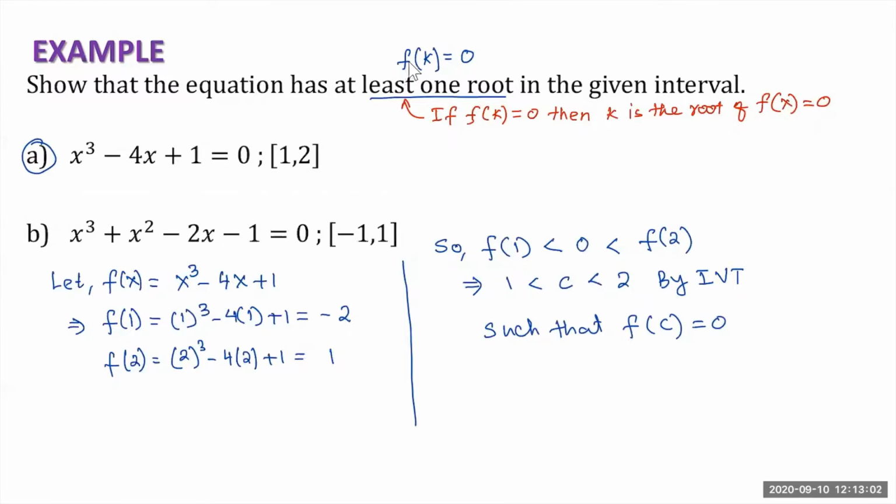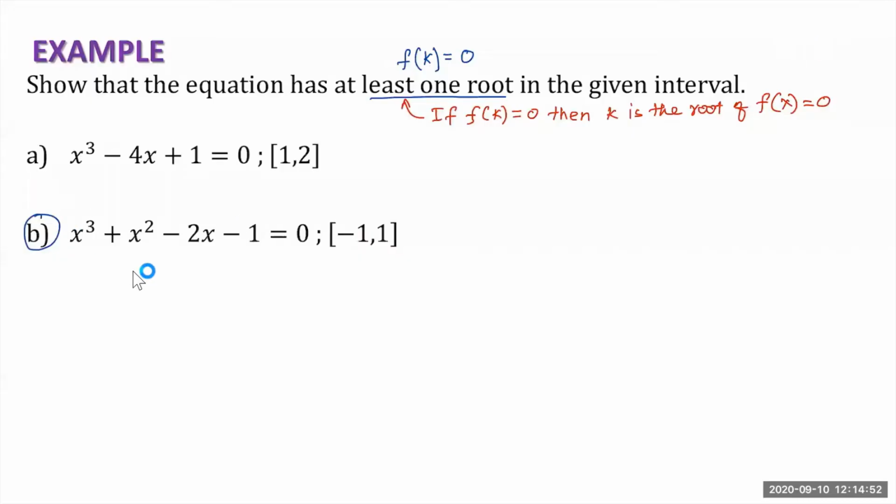If you get the value of the function at some point equal to 0, then that is the root. So c is the root, and c is between 1 and 2. We are asked to prove that there is a root between 1 and 2, and we got it. So that is the end of this example, part A.